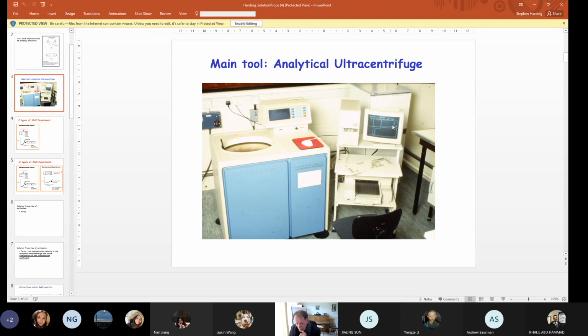And this actually is an optical pattern on the computer here, which comes from the optical system that's built into the instrument. This is an optical pattern based on ultraviolet absorption characteristics of a protein molecule. It's part of a sedimentation equilibrium experiment. But it's one of two types of optical system on modern instrumentation.